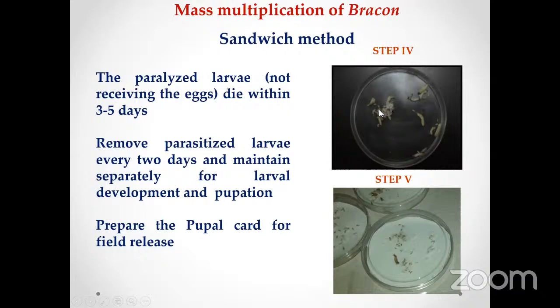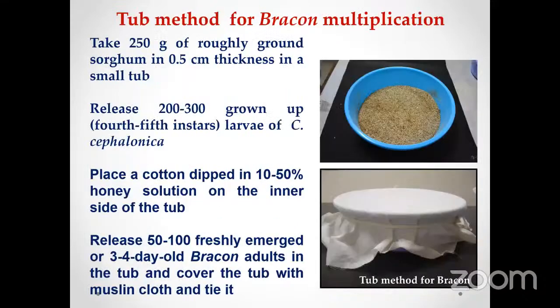Here you can see in this first photo, these are the larvae of Bracon, and when it enters into pupation, the larvae get separated from the host body. Here you can see the dead larvae of Corcyra, and these are the pupae of Bracon. We prepare the pupal cards for field release, and we will release in the adult stage.